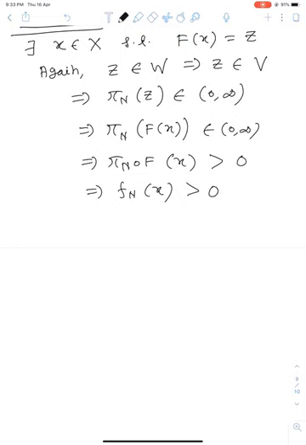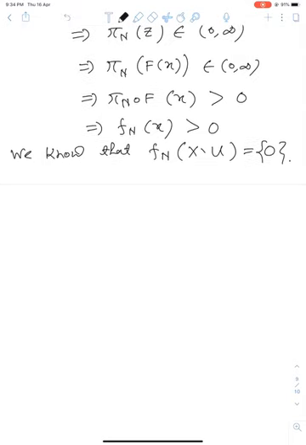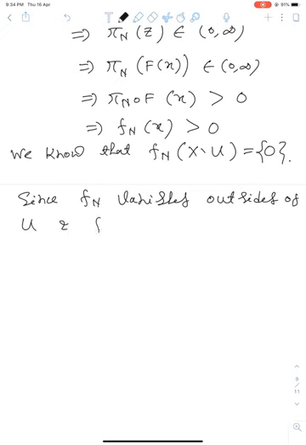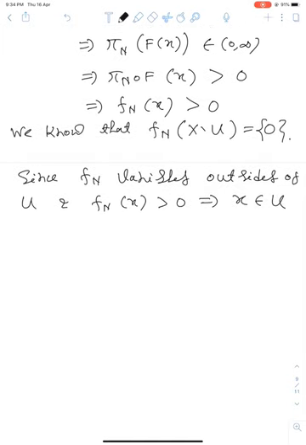Now see, we have already proved that f_n(x) equals 0 for x outside U. That means f_n vanishes outside of U, but f_n(x) is bigger than 0, that means x should be in U. Since f_n vanishes outside of U and f_n(x) is non-zero, that implies x belongs to U. Now what do you mean by x belongs to U?